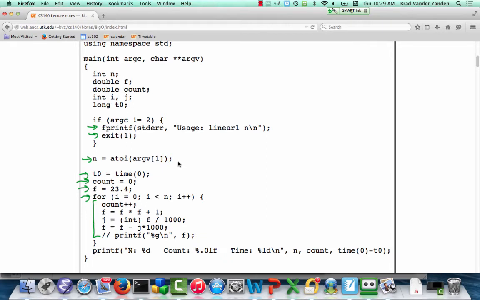But the for loop is not. Okay, the for loop is taking how many iterations? N. And the loop body, there's roughly 1, 2, 3. The printf is counted out. I'm sorry, the count. So there's roughly 4. Plus there's the 2 right here.